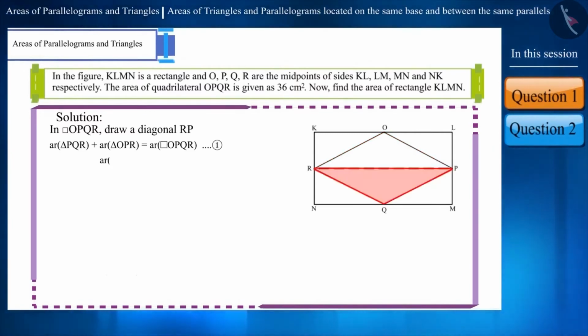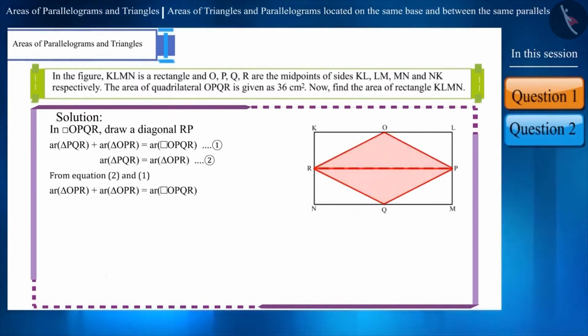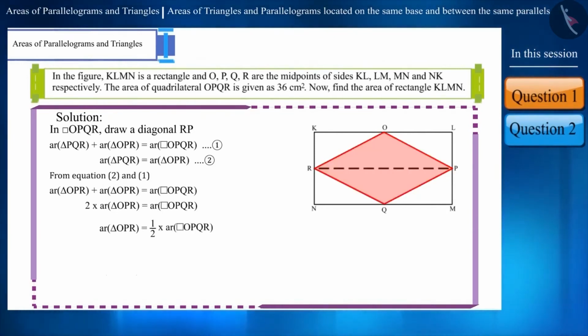Therefore, the area of triangle PQR will be equal to the area of triangle OPR, and it will be half the area of parallelogram OPQR. Thus, we get the area of these two triangles as 18 centimeter square.